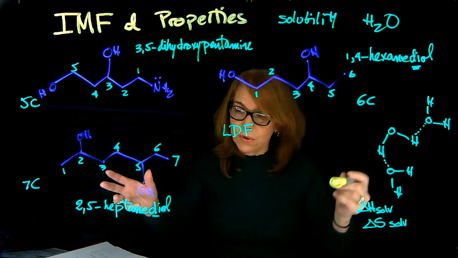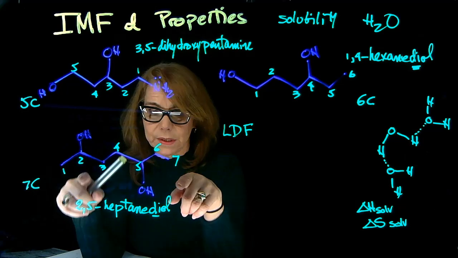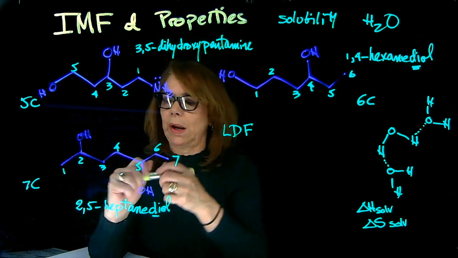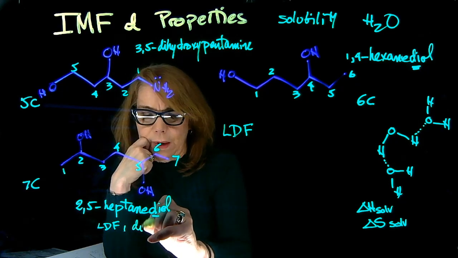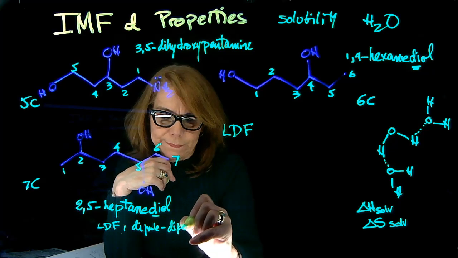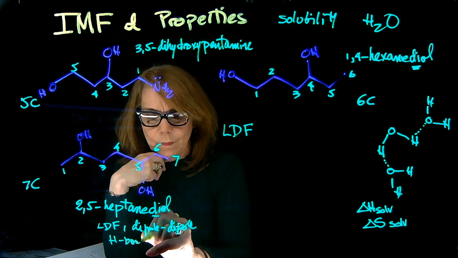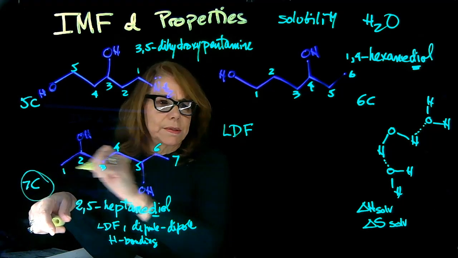Because now to dissolve this molecule, for example, when I have this diol in pure liquid, we will have, of course, London dispersion forces. We will have dipole-dipole and I will also have hydrogen bonding. But this molecule is the largest, it's 7 carbons.